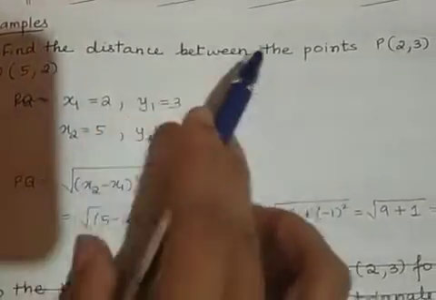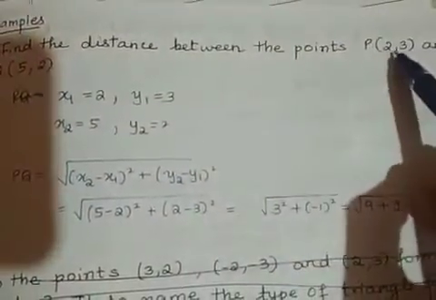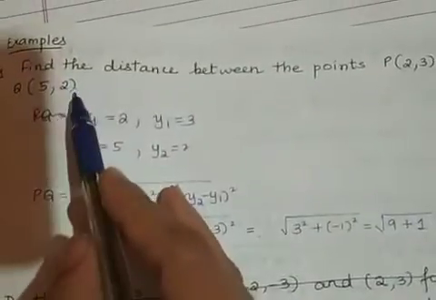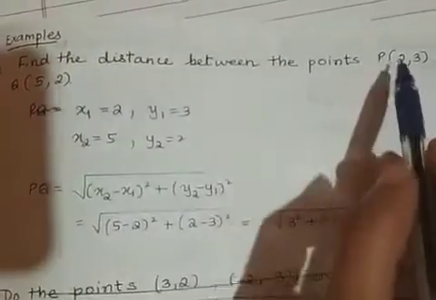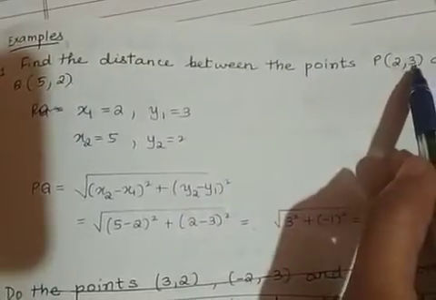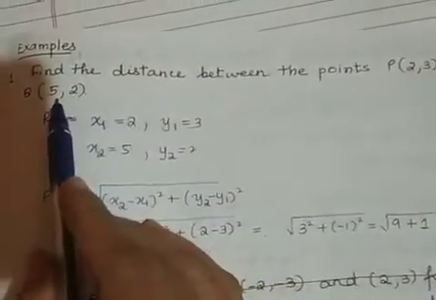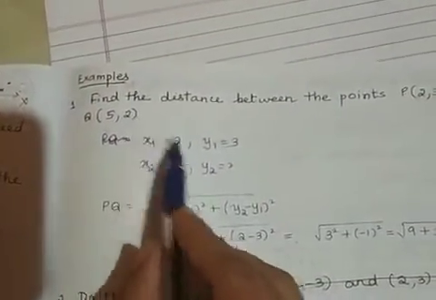Find the distance between the points P(2, 3) and Q(5, 2). Here x1 is 2 and y1 is 3, x2 is 5 and y2 is 2.